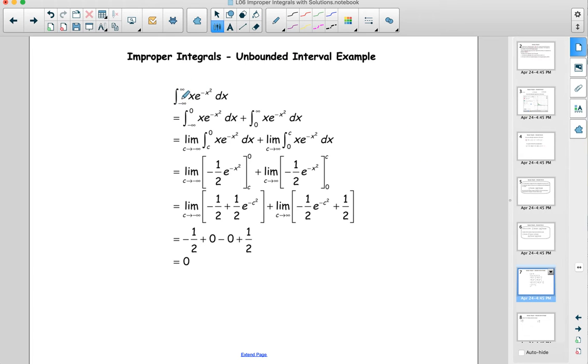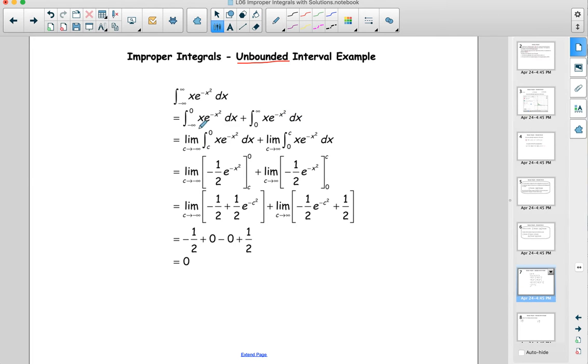So if we're trying to evaluate the integral from negative infinity to infinity of x e to the negative x squared dx, this is an improper integral because one or more of our bounds of integration is infinity. So I'm going to split this into two integrals: the integral from negative infinity to 0 of x e to the negative x squared dx, plus the integral from 0 to infinity of x e to the negative x squared dx.